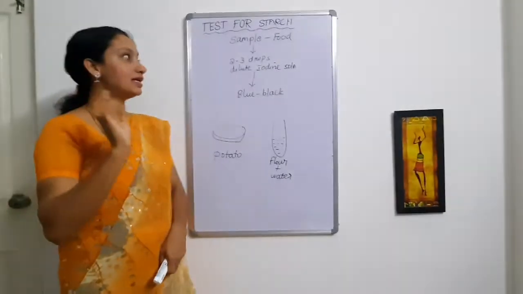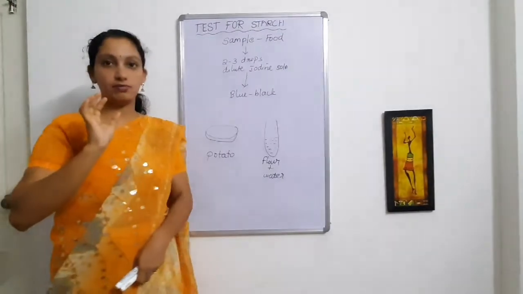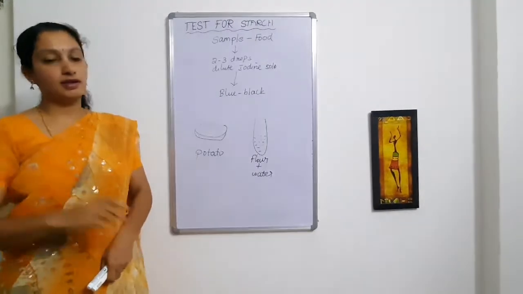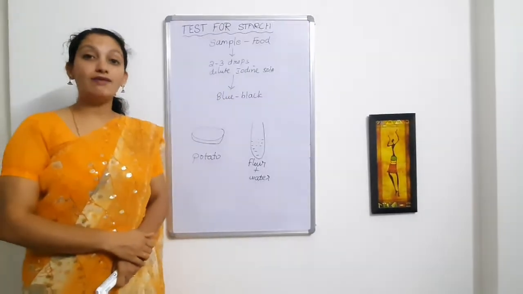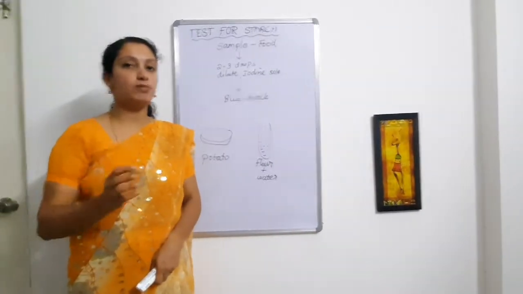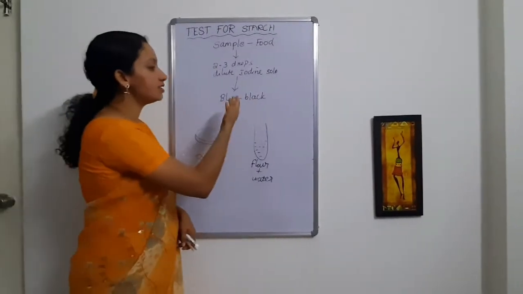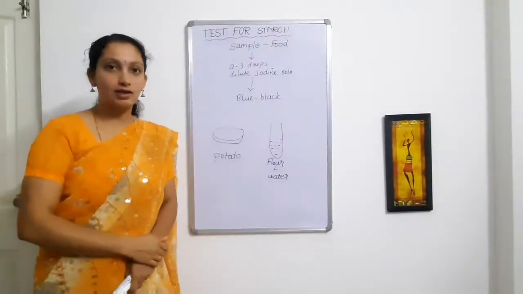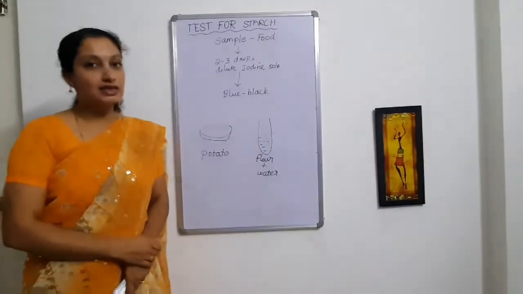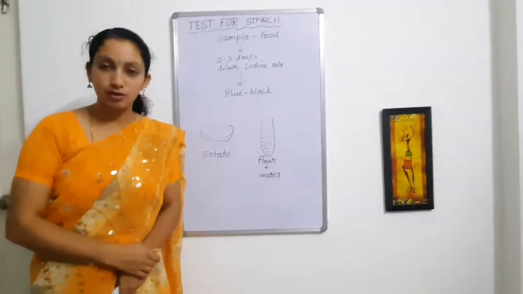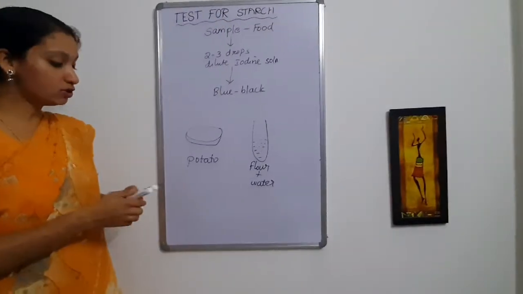You will get dilute iodine from the medical shop or the laboratories. You have to use only 2 to 3 drops using a dropper. Then if you get a color change, blue-black or blackish blue, that is an indication that starch content is present in the food.